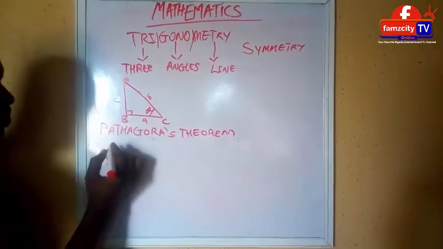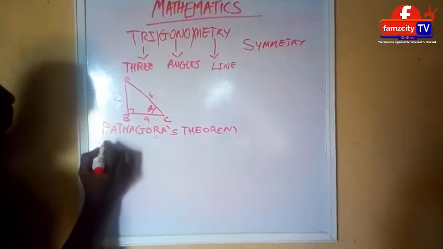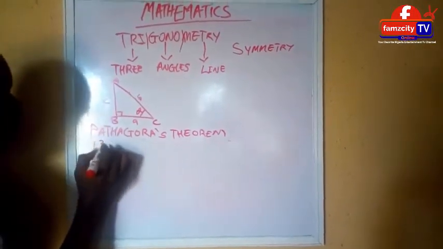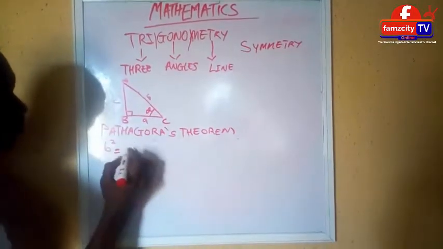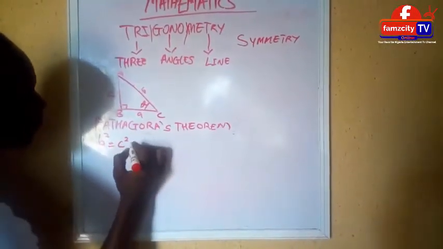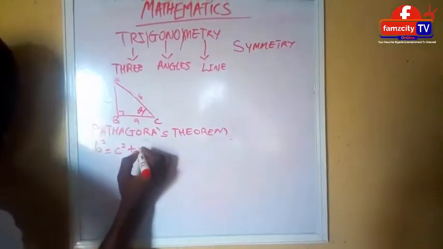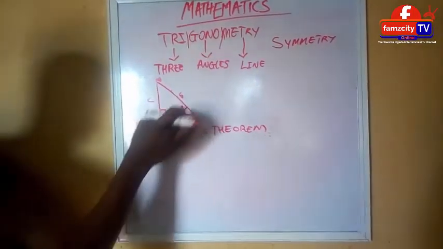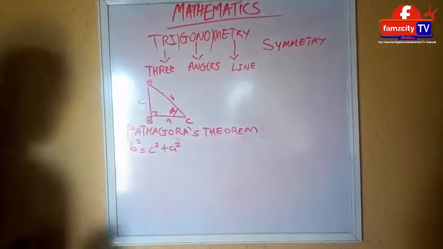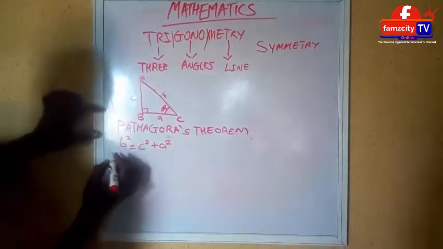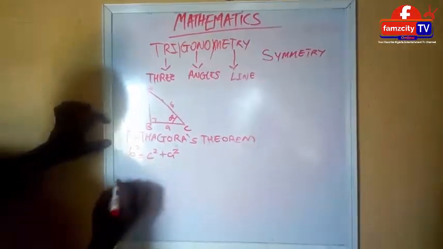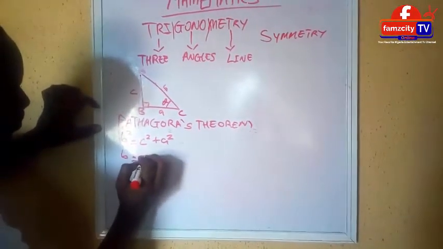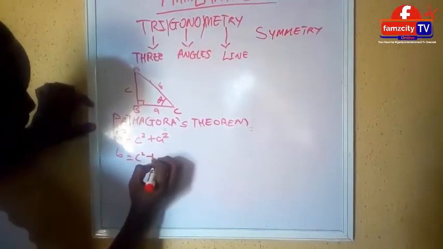So from here we just say, the hypotenuse, which is b square, equals opposite square, that's c square, plus adjacent square. For us to get this side b here, this hypotenuse, we simply say b equals the square root of c square plus a square.